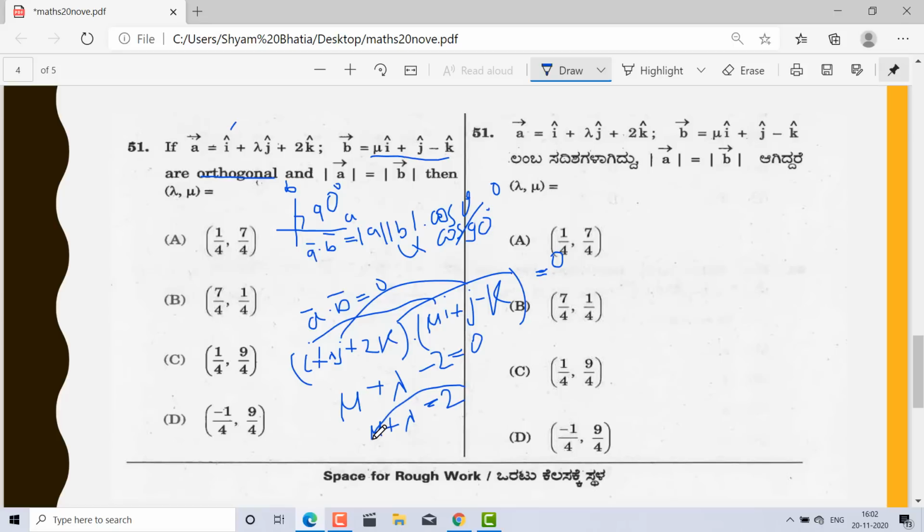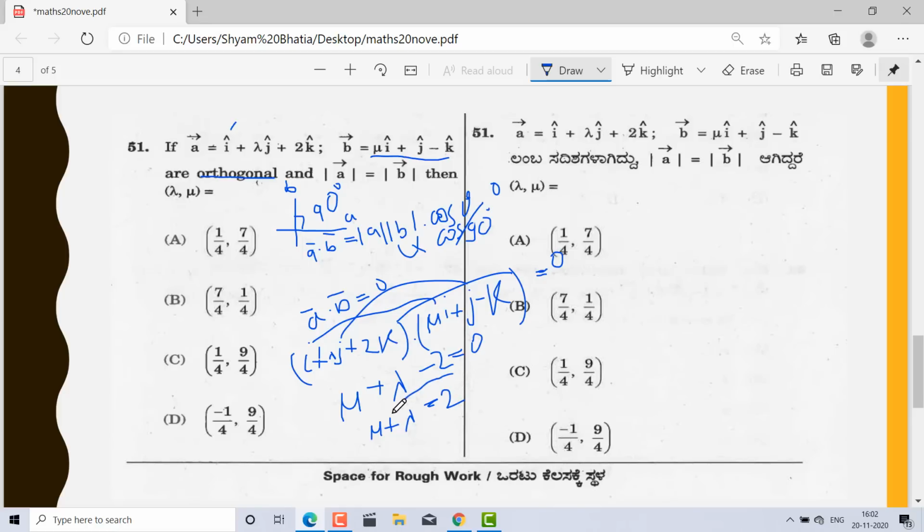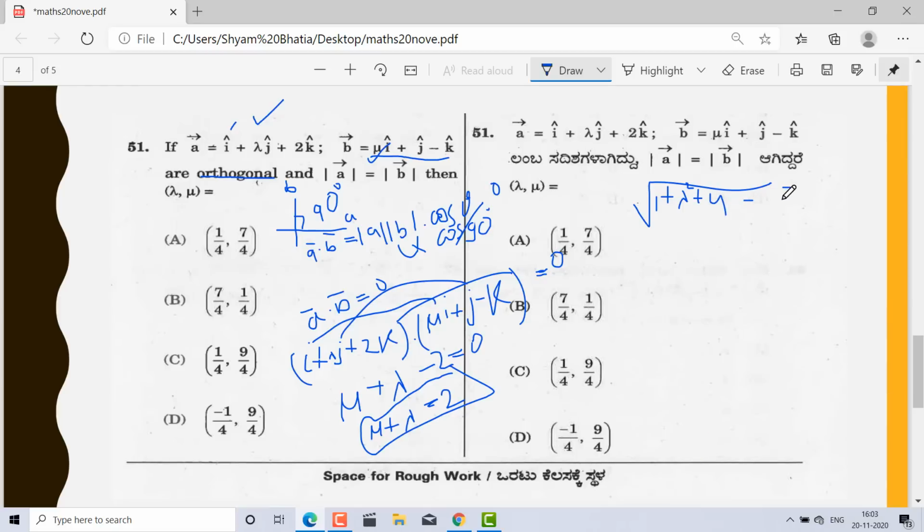And another property is also given: mod A equal to mod B. So mod A is nothing but root under 1 square plus lambda square plus 4. It is also equal to root under mu square plus 1 square plus 1 square.